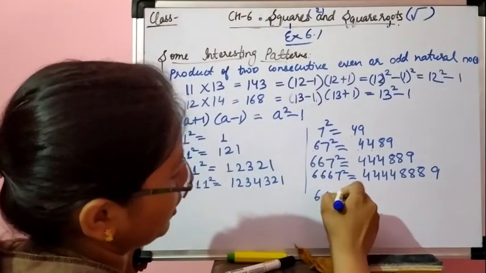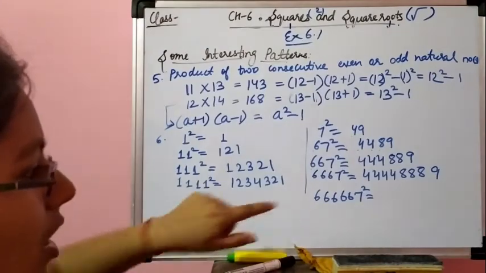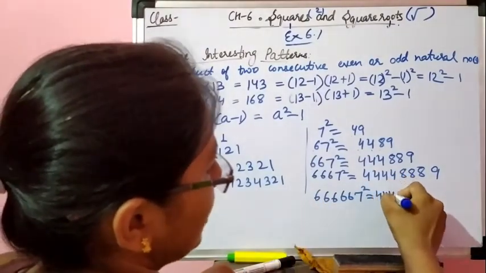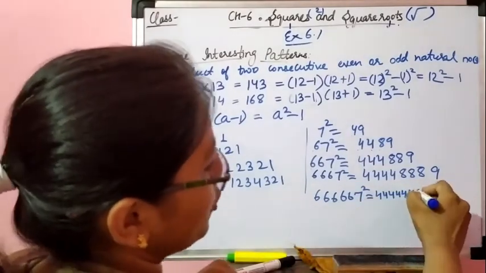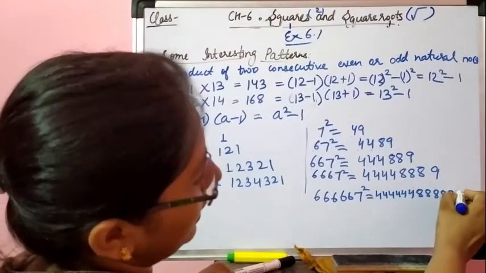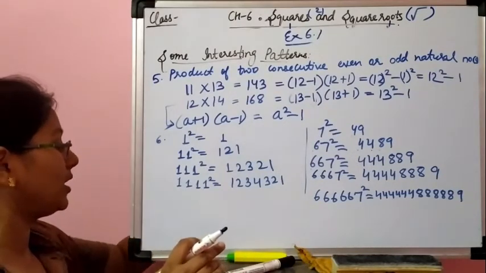Let's take some bigger one. Supposing this number I have taken. Now see, 1 2 3 5 6. So 6 times 4 will come, and 5 times 8 will come, and at the end it will end with 9. So in this way we can have many more patterns related to square numbers.